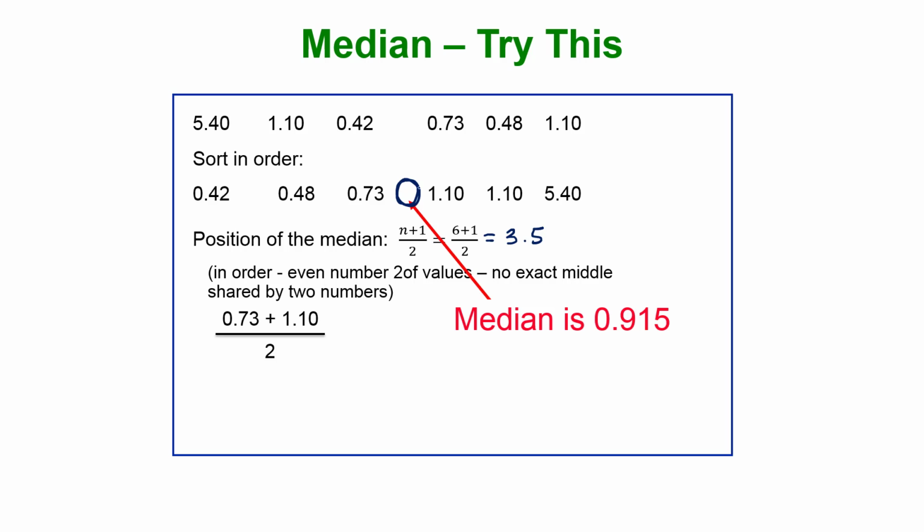There's nothing in that position, because we need to average the 3rd position and the 4th position. So that's why I added 0.73 plus 1.10 and divided by 2. The median turns out to be 0.915, not actually a data value, and that's okay.